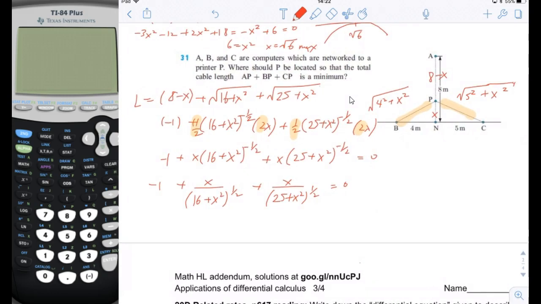So we would have negative (16 plus x squared)^(1/2) times (25 plus x squared)^(1/2) plus x times (25 plus x squared)^(1/2) plus x times (16 plus x squared)^(1/2) equals 0.